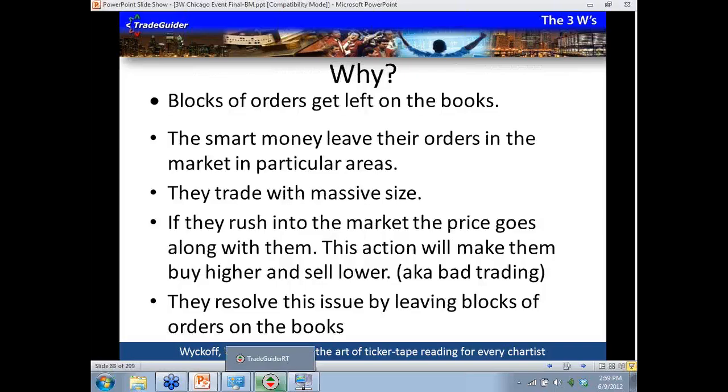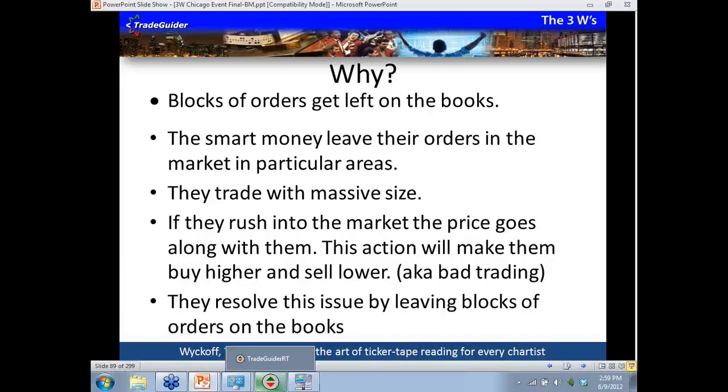Why do these wide spreads occur? There are big blocks of orders that they throw onto the books. If they have such a massive size, they can't just rush in because, well, it's going up, I better start buying some more.